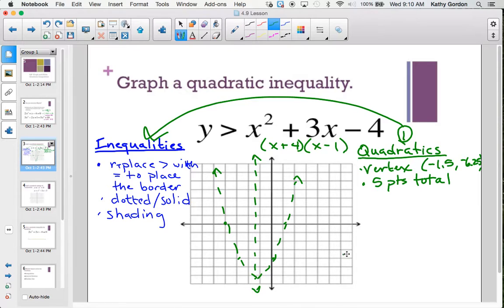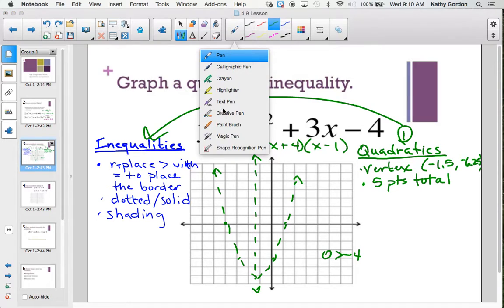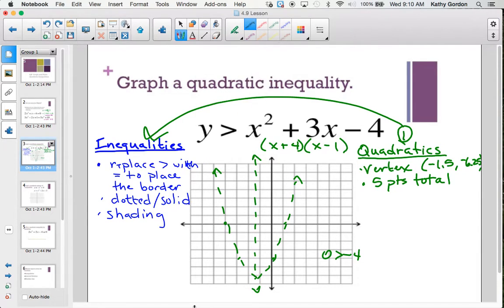Negative 4. And is that really less than 0? Yes. So that means the section that contains 0, 0, which is the inside of our parabola, is the section that should be shaded. That's our inequality.